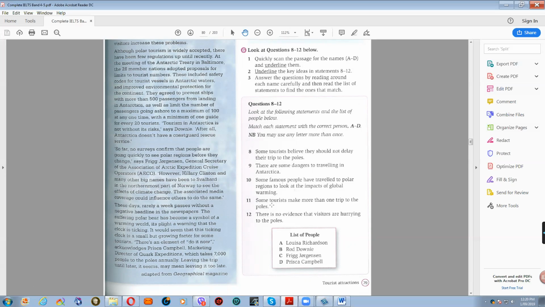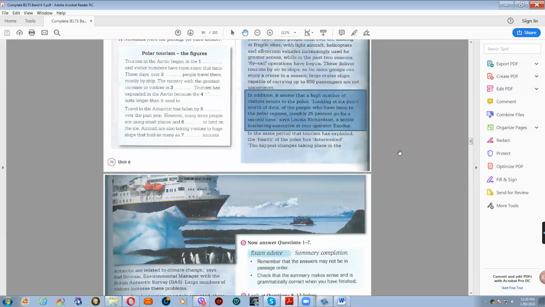Look at the following statements and the list of people below. Match each statement with the correct person. Some tourists believe they should not delay their trip to the poles.